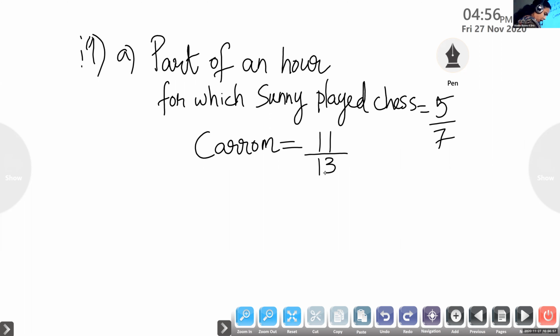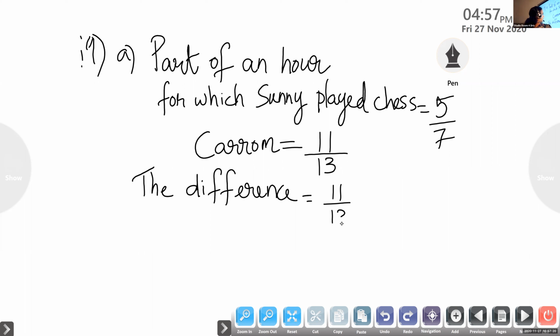Now next, the difference. For how much less time did Sunny play chess? So we are finding the difference. We will write the difference equal to 11/13 minus 5/7.